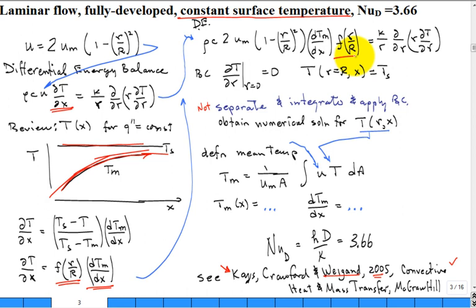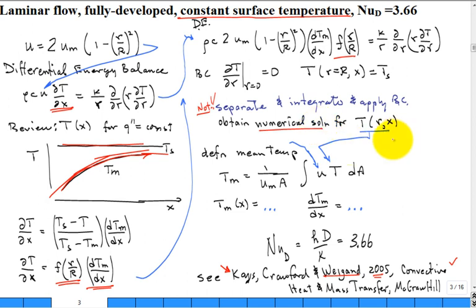Well, you put that function in there, you try to separate and integrate, it's not going to work. You have to go with the numerical solution, which is iterative in nature and gets nasty.